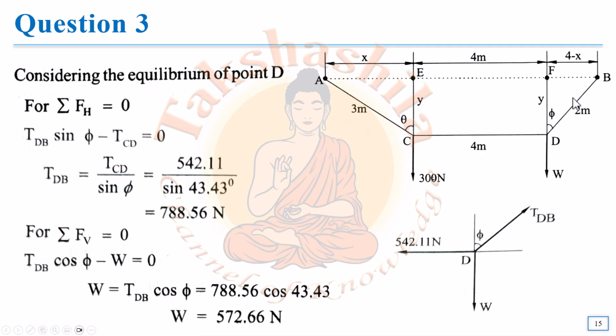Similarly, we have y here, so we focused on the second triangle, repeated the same procedure and produced an equation for y square. We equated the right-hand sides of both equations and found the value of x. Once you get the value of x, you can get the value of theta and phi. That is the main difference in this problem. I hope you understood how we have completed this problem.